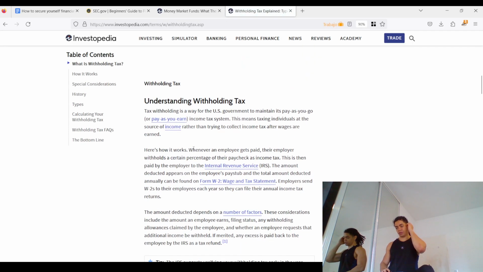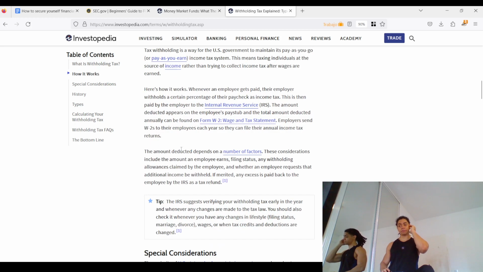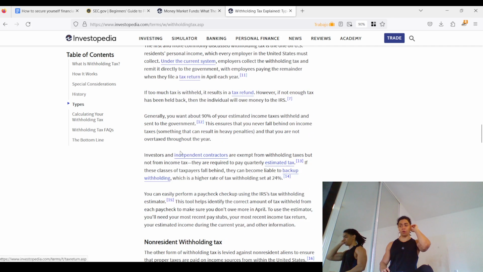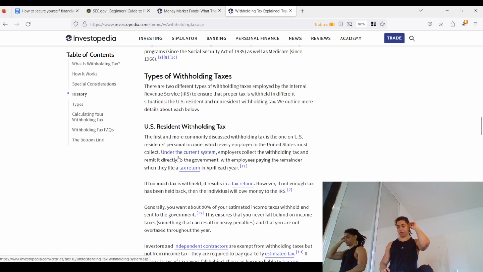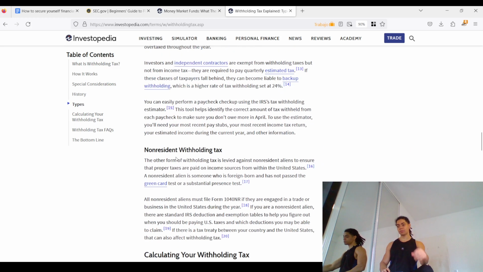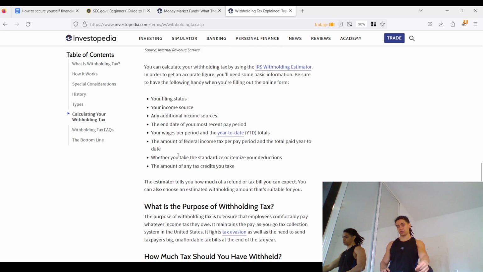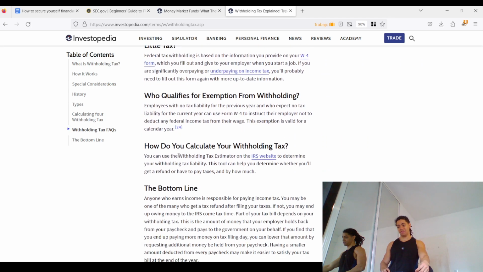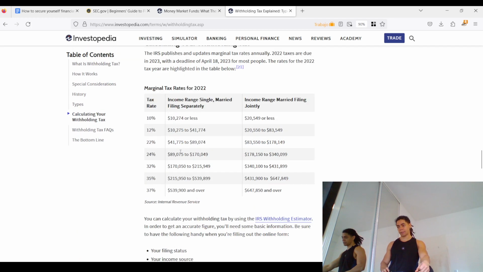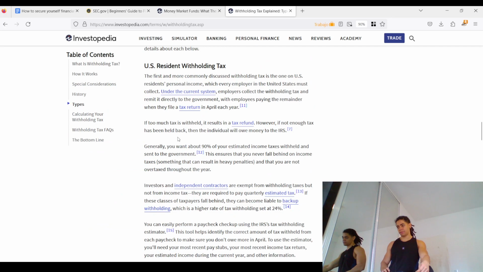For example, if you're not an employee, you are a sole contractor or an investor, they now need to estimate.